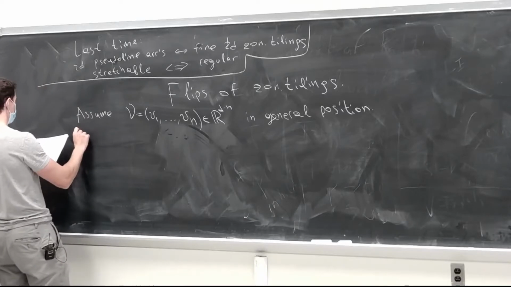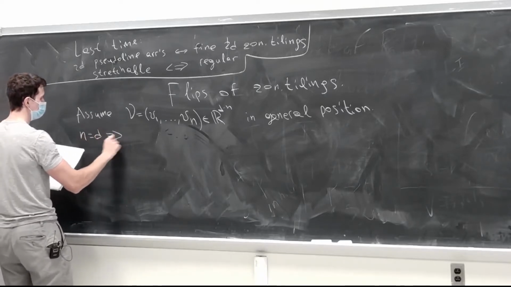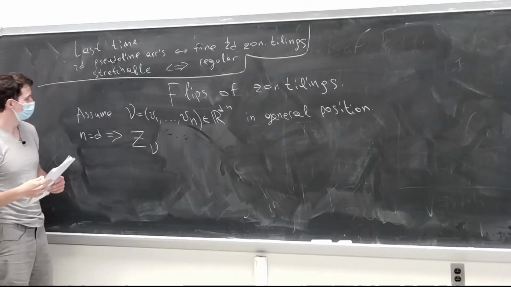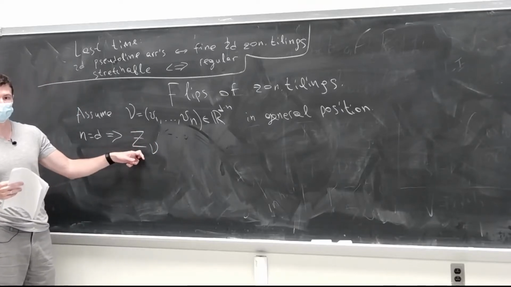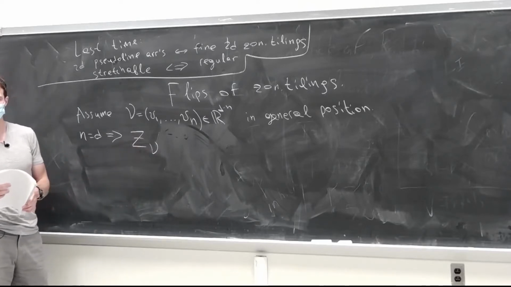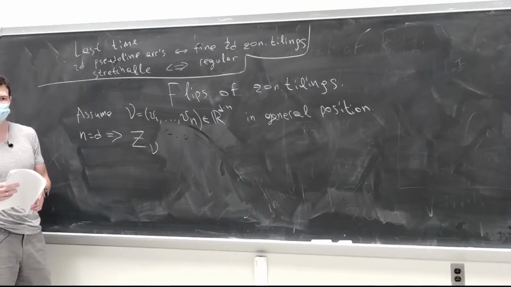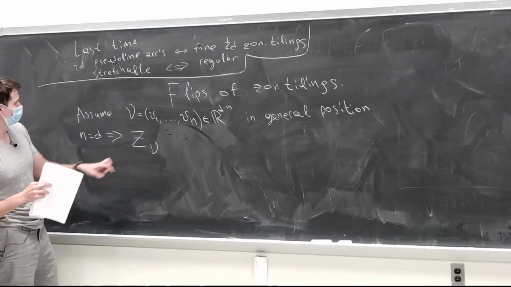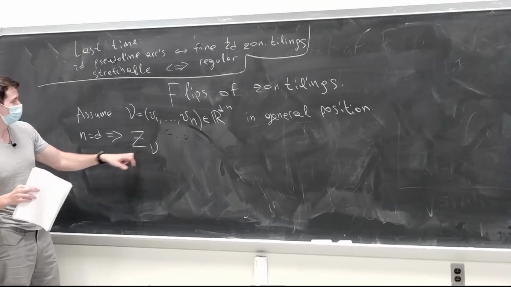So let's say when n is equal to d, how does the zonotope look like? Parallelepiped.